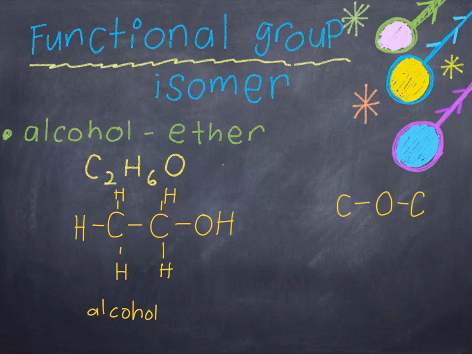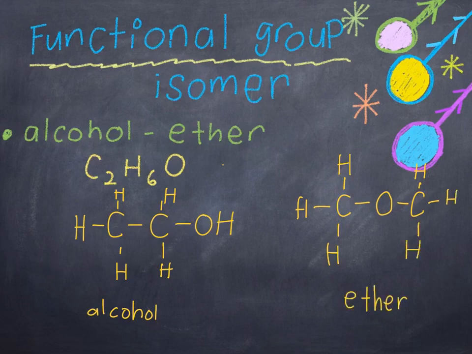So the structure will be just like this, and you have to fill up the bonding with hydrogen. So when you total everything, this ether also has 2 carbon and 1, 2, 3, 4, 5, 6 hydrogen. So there you have the functional group isomer for this molecular formula.